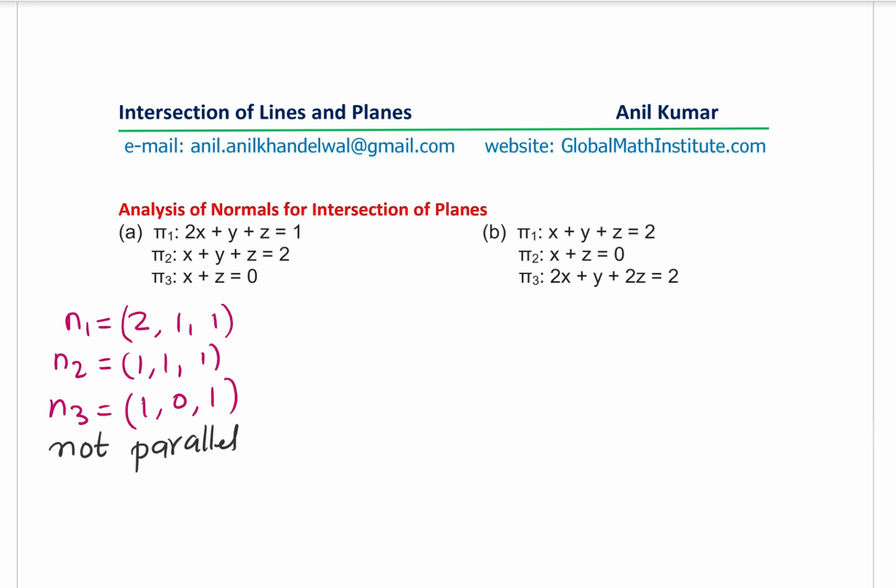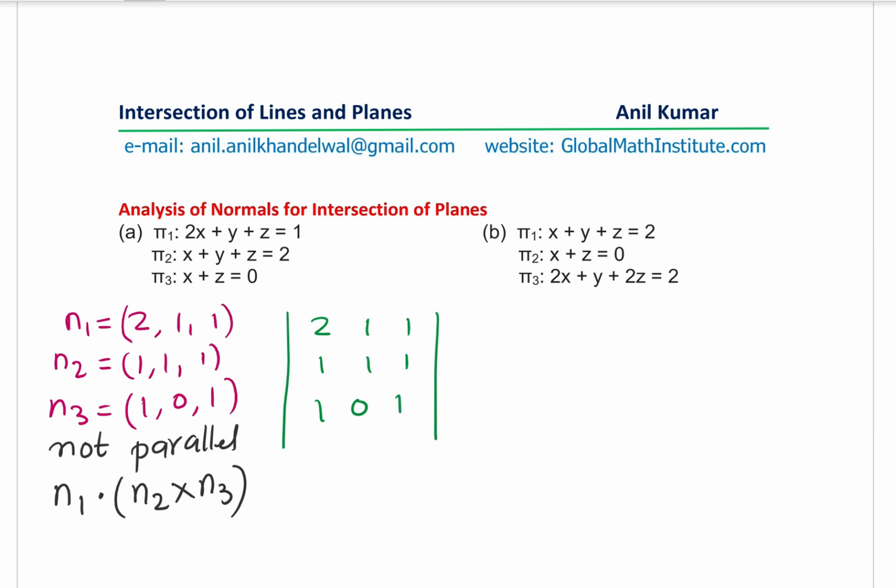So what should we do? Let's find the scalar triple product, which is n1 dot n2 cross n3. So we'll just do the scalar triple product and check our result. So we have 2, 1, 1, then 1, 1, 1, and 1, 0, 1.